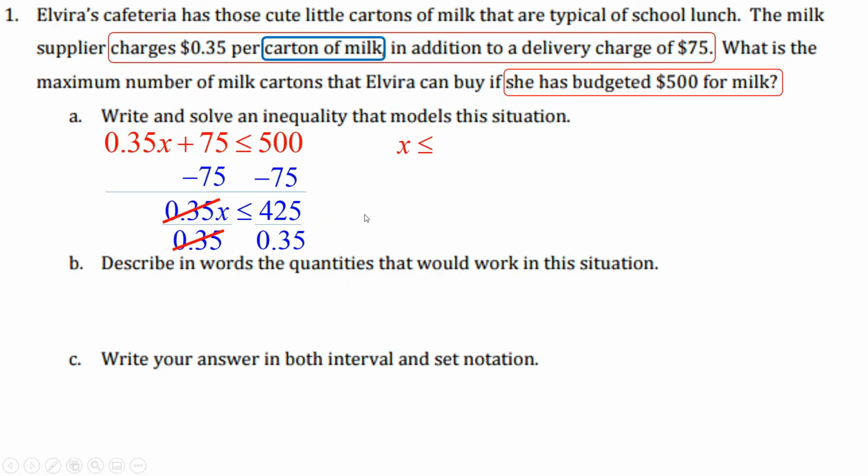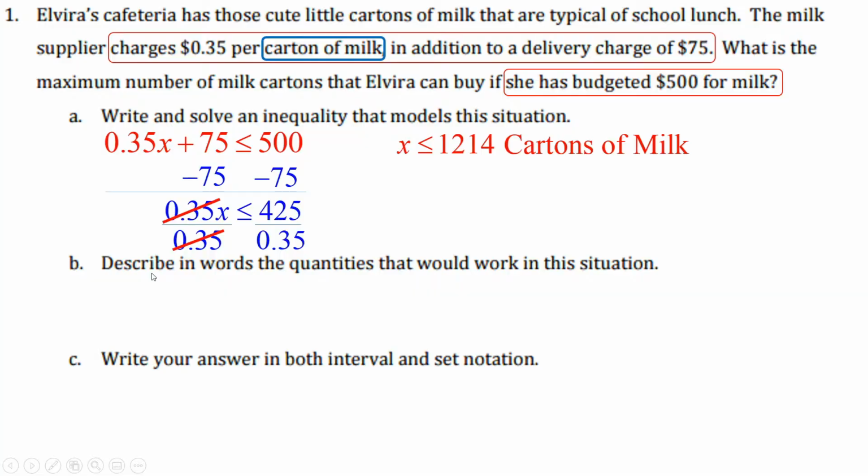Let's get our calculator out and carefully punch out 425 divided by 0.35. Oh, that's an ugly decimal. This is the number of cartons of milk, so let's round that to the nearest whole number, 1,214 cartons of milk. There you go. Write and solve.